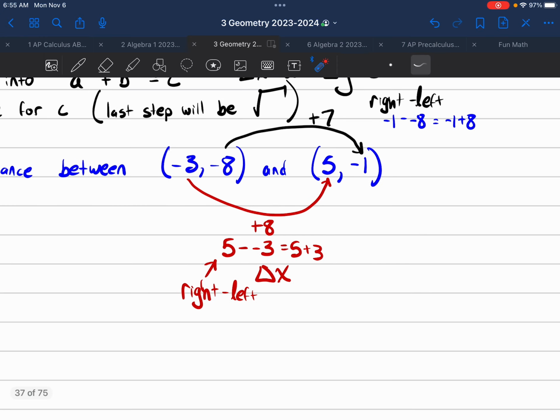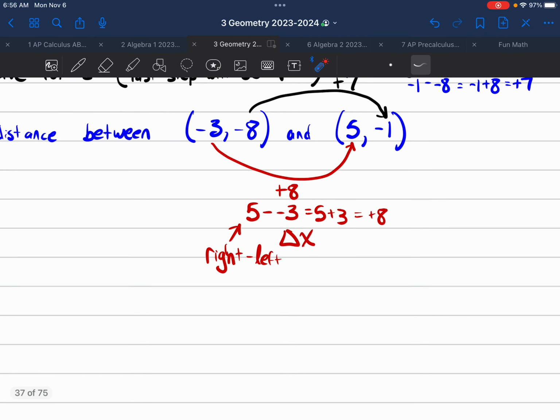Negative 1 plus 8 is the same thing as plus 7. So again, I'm showing you that you can still get positive 7. I never actually checked this one down here, but 5 plus 3 is a positive 8. This plus 8 and this plus 8 came from the same spot, plus 7, same spot. And now I have the two.